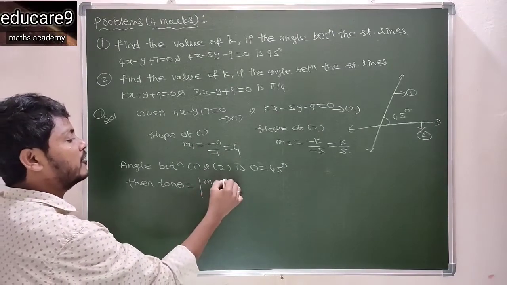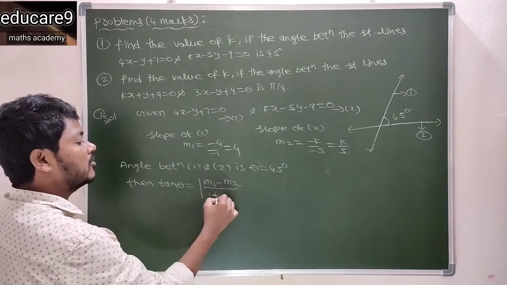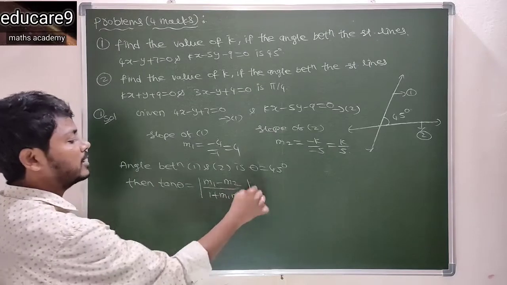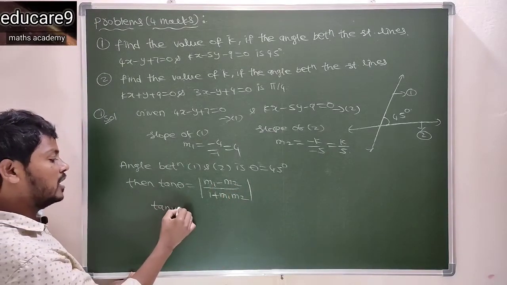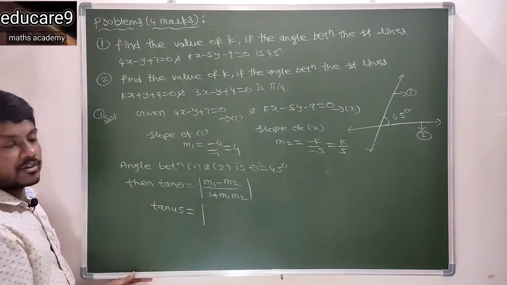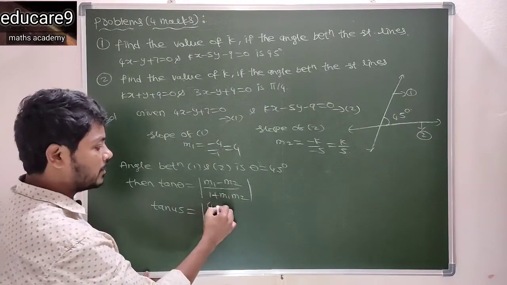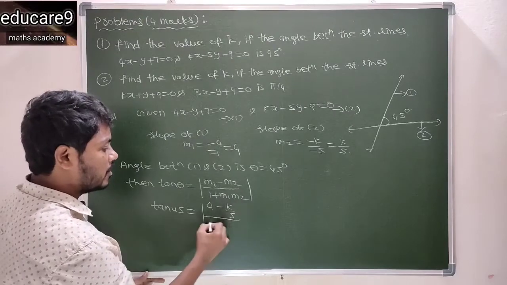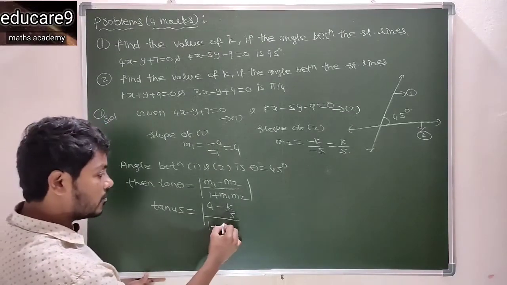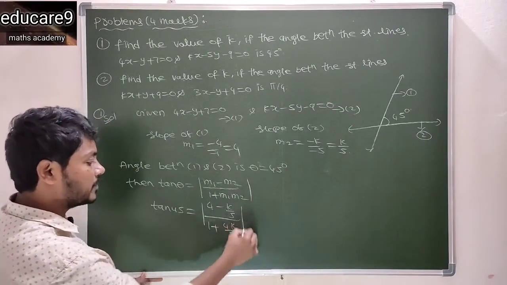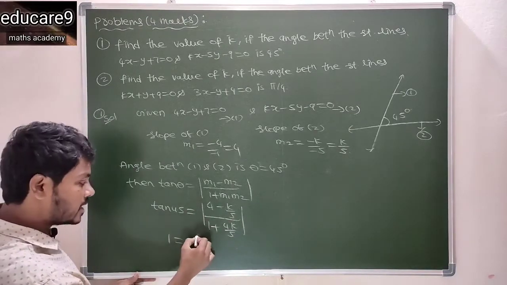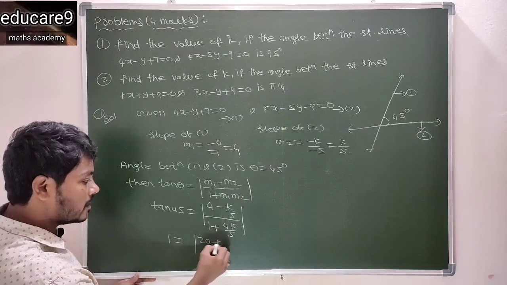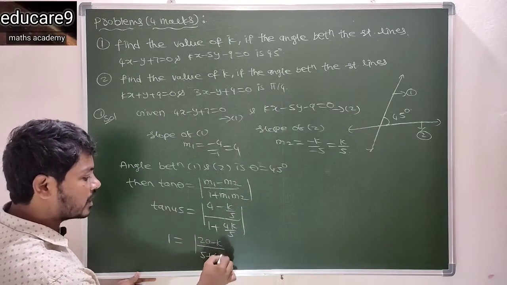Modulus of (m1 minus m2) by (1 plus m1 m2). So theta is 45. So tan 45 is equal to modulus of (m1 which is 4 minus m2 which is k by 5) by (1 plus 4k by 5). So tan 45 value is 1. So this is (20 minus k) divided by (5 plus 4k).